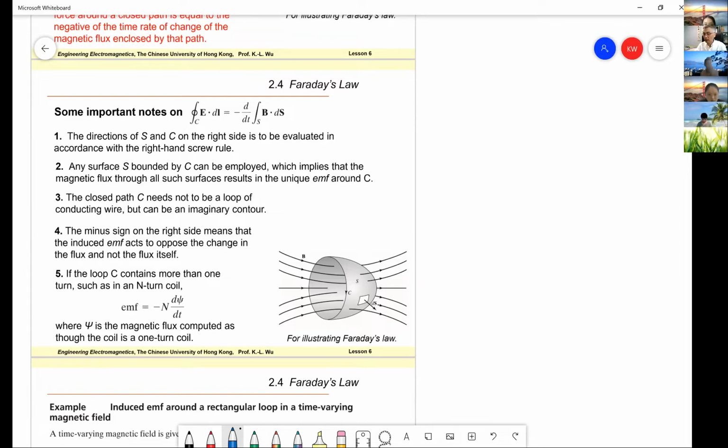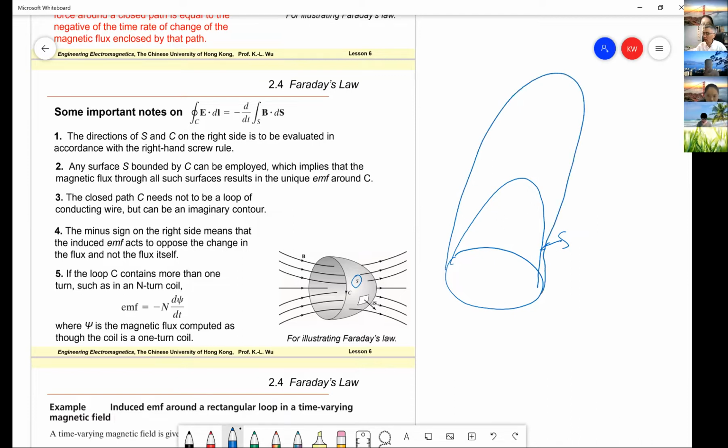So for this surface S, we have no restriction as long as the boundary of the surface is defined by the same contour C. So we can have a surface like this, or a surface like this, and the result doesn't change.